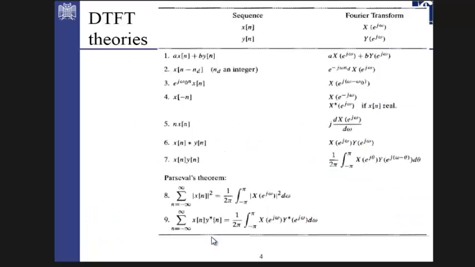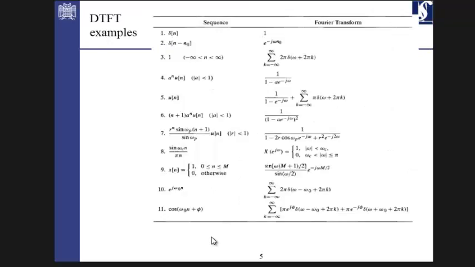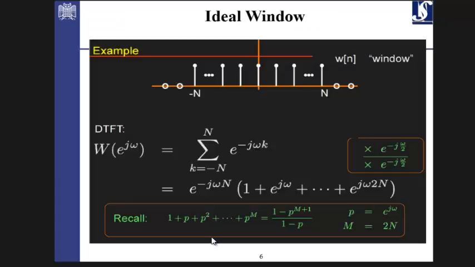Then we talked about, so these are the consequences of the DTFT theory for different signals, and then we talked about the ideal window, and we said that when the stream of data is coming, you're not able to take the whole data and then start to show the frequency components.